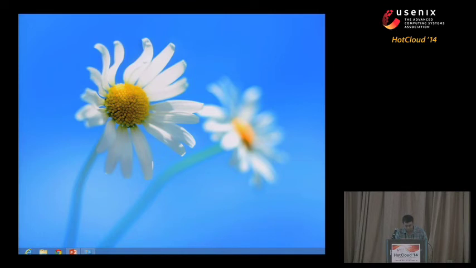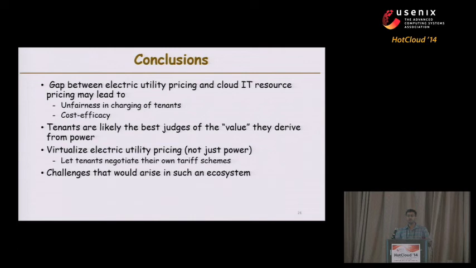So with that, let me just quickly conclude. I tried to describe the gap that exists today between electric utility pricing on the one hand and how cloud systems price their resources. I argued that that can lead to problems related to unfairness and lack of profitability for the cloud.